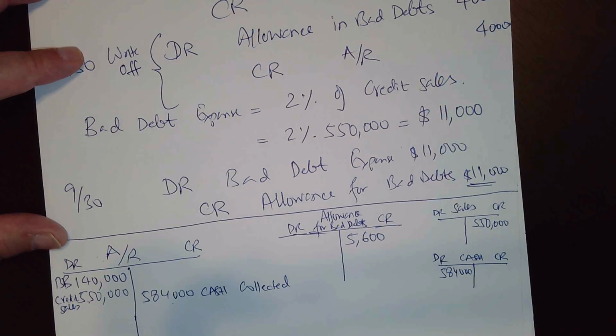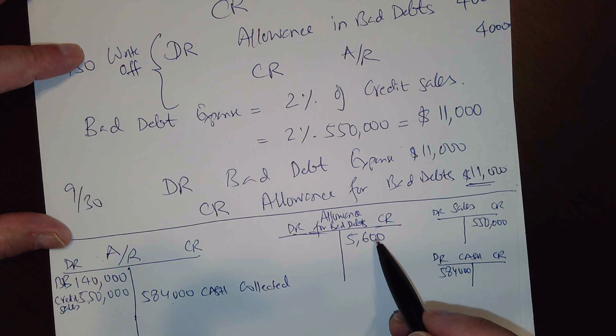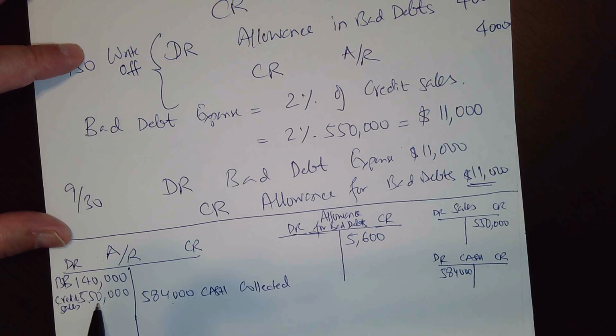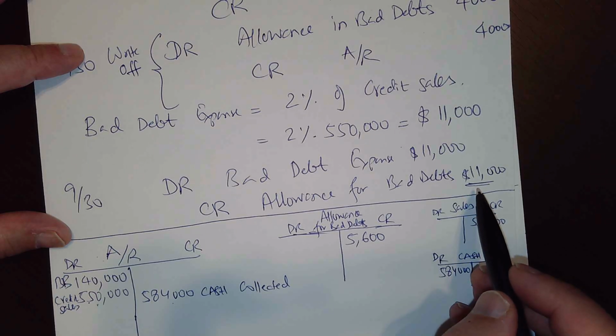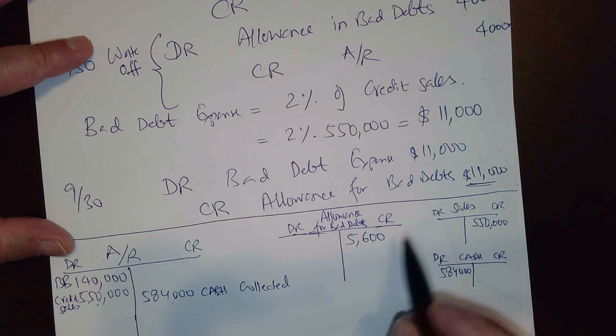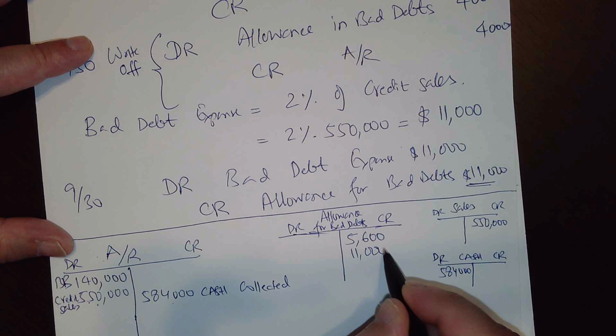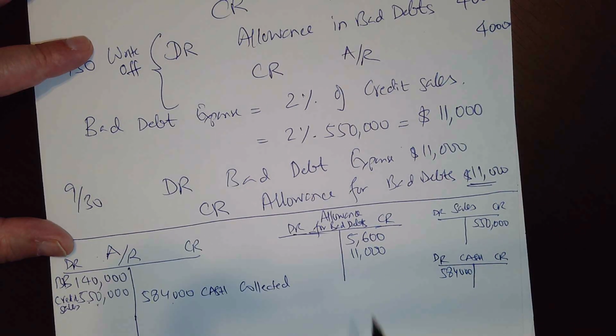But they are also saying that you have to increase this by $11,000 because you made a sale of $550,000 and you might not be able to recover these $11,000. So we have increased this by $11,000, right? This $11,000 is coming here because of the credit sales we have made.